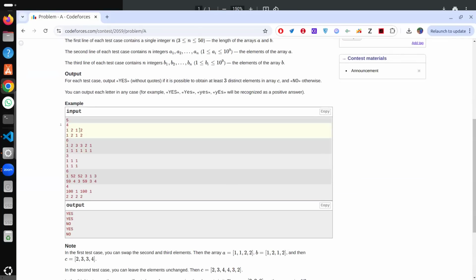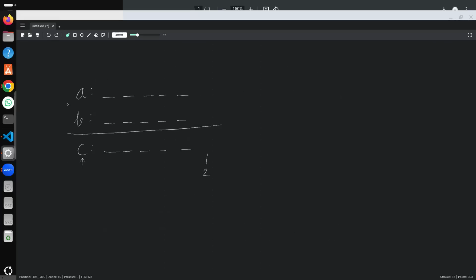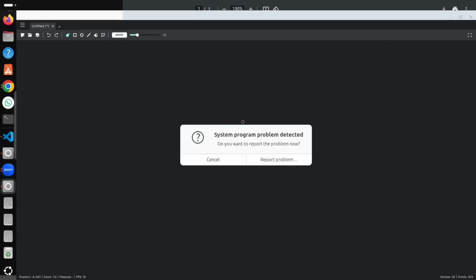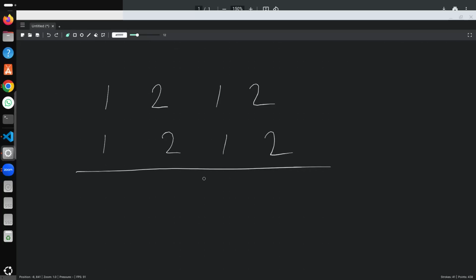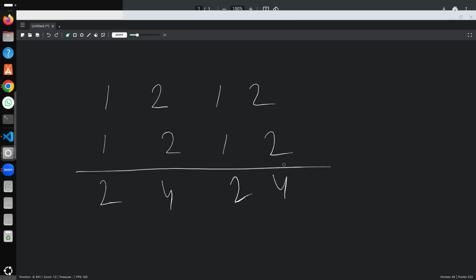So the first sample is 1 2 1 2 and 1 2 1 2. If we just add both of these arrays like this only, then we'll get 2 4 2 4. So if this is the array C, then this is not a correct array because it has only two distinct elements.